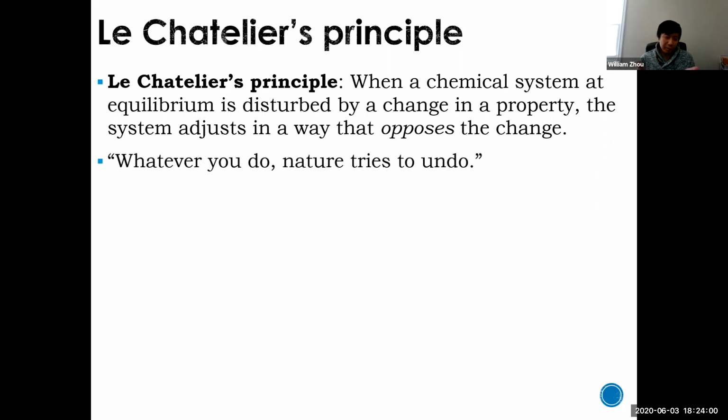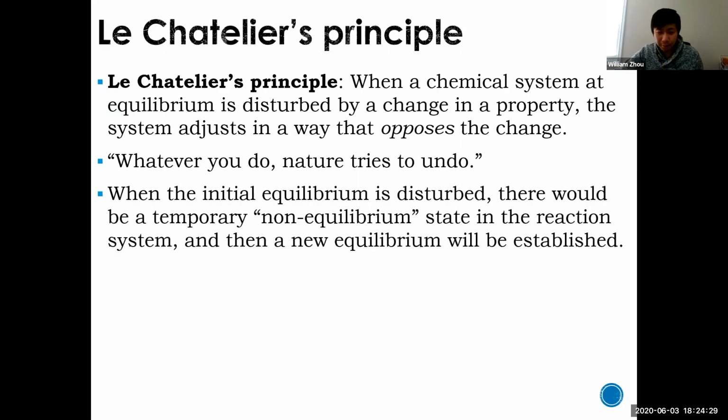The short version of this is whatever you do, nature tries to undo. Okay, you want to increase something, well, the system will decrease it. You want to go to the left, well, you go to the right. You want to go up, well, you're going to go down. So Le Chatelier's principle will always seek to undo what you just did. Whatever stress you apply to change the system, it will be undone.